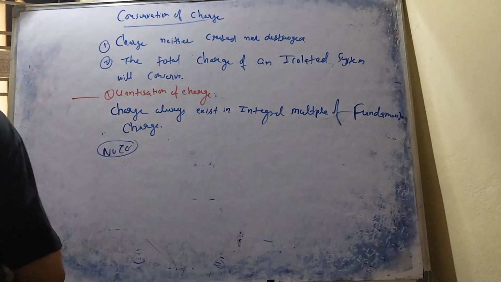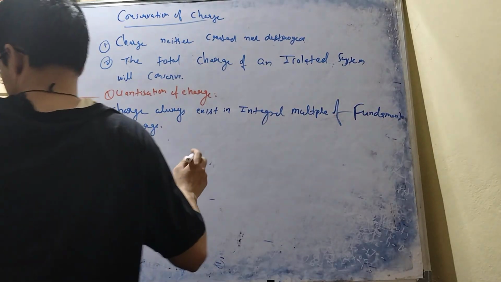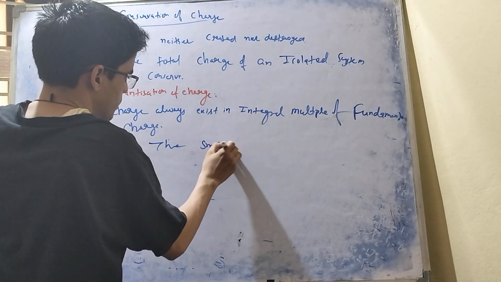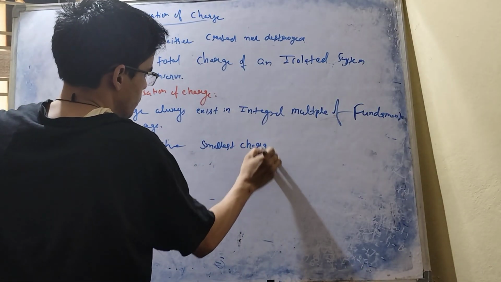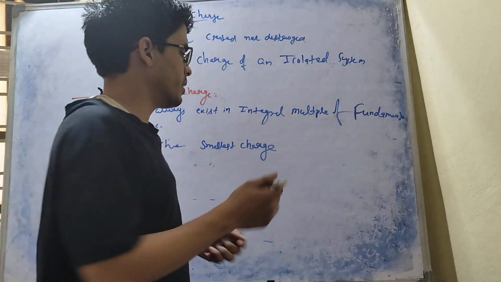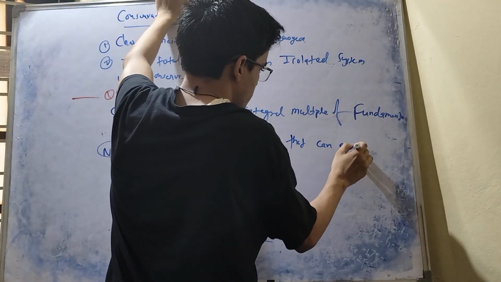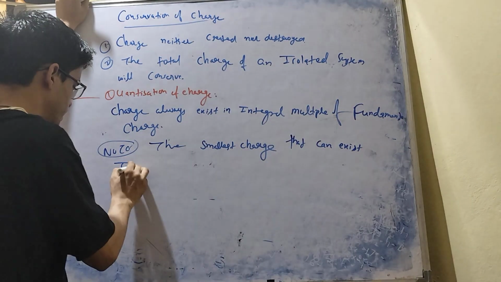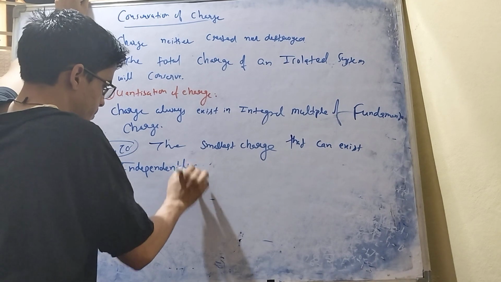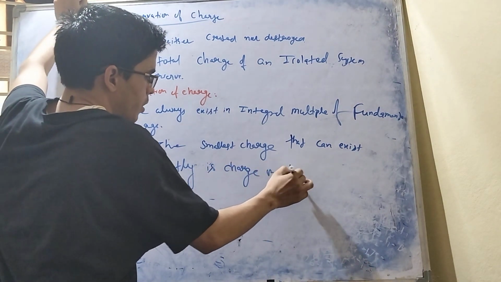Note: the smallest charge that can exist independently is the charge on 1 electron.